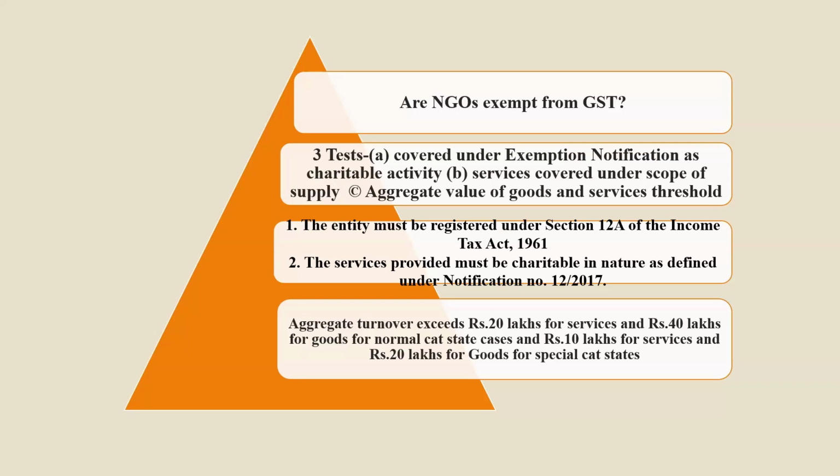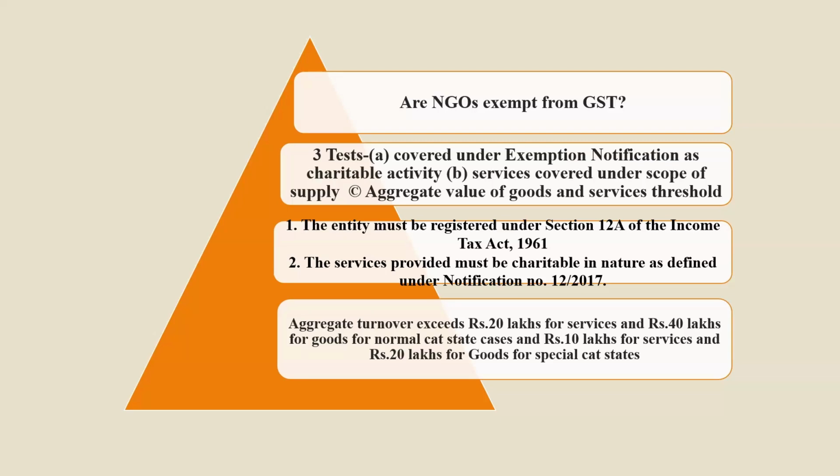So typically, if you were a charitable organization registered under 12A and also fulfilling the definition of charitable activity, then you will be fairly safe. However, if that were not the case, then the other two tests will have to be run.